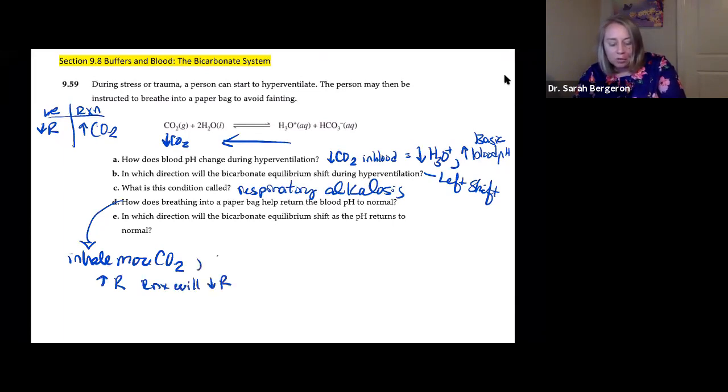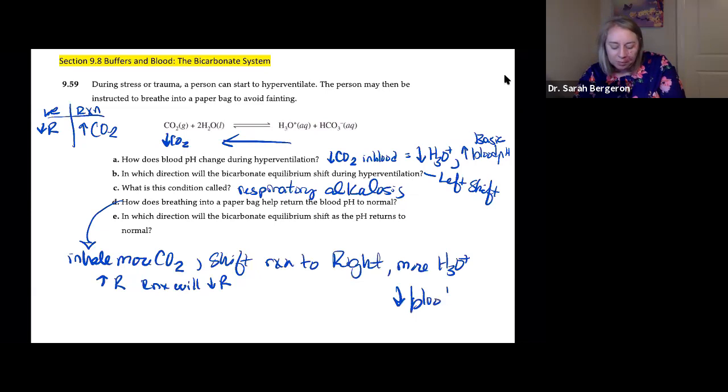And so we're going to shift the reaction to the right now, right? So this is the opposite. So then how's that going to affect the blood, right? How's it going to return our blood pH to normal? Well, now we're going to make more H3O plus, more hydronium ion. Well, what does that do? That lowers our blood pH.